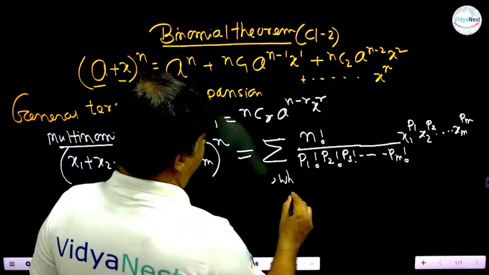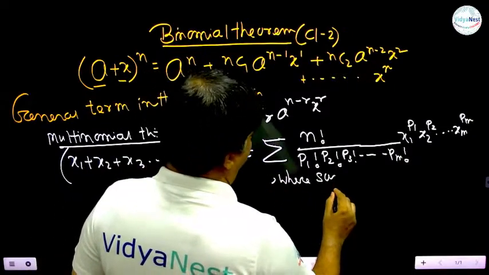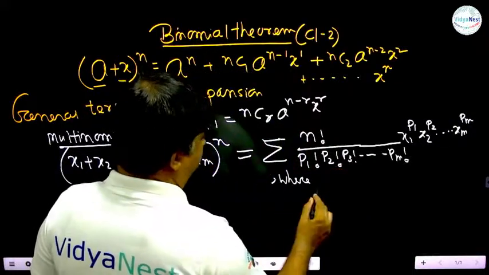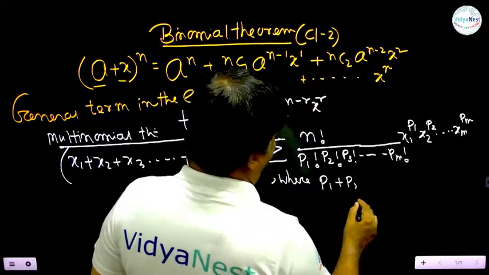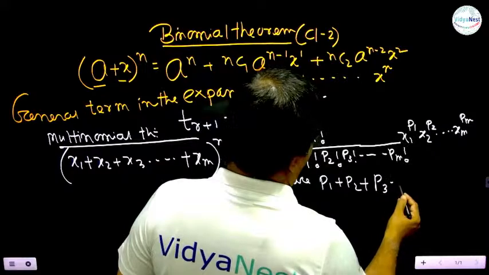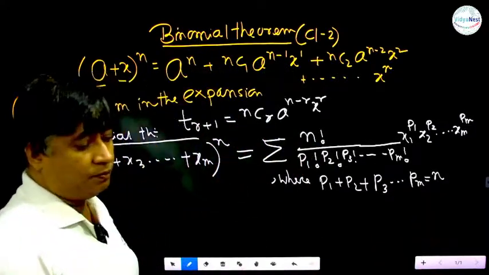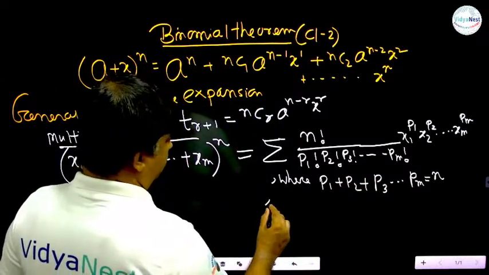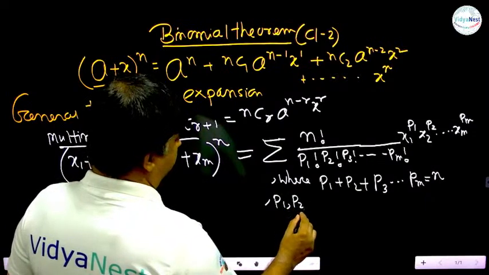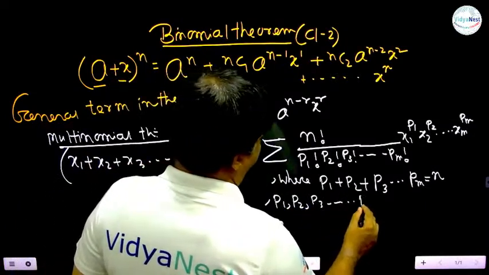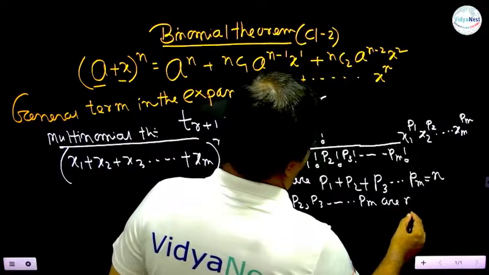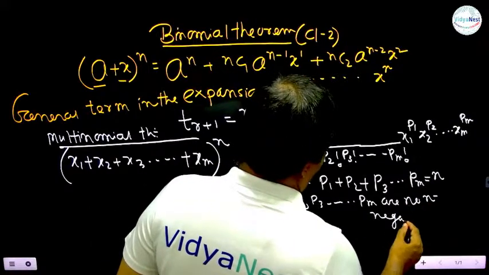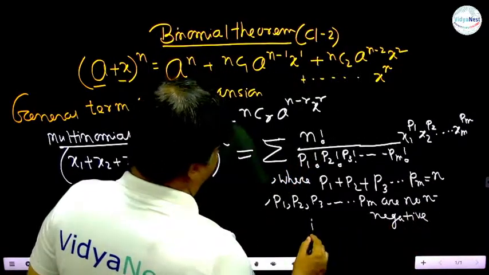Where p1 plus p2 up to pm, ये है n, where p1, p2 up to pm are non-negative integers.